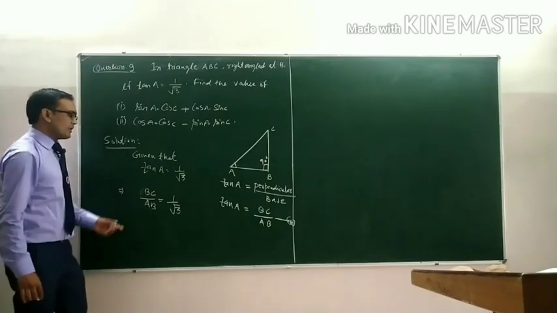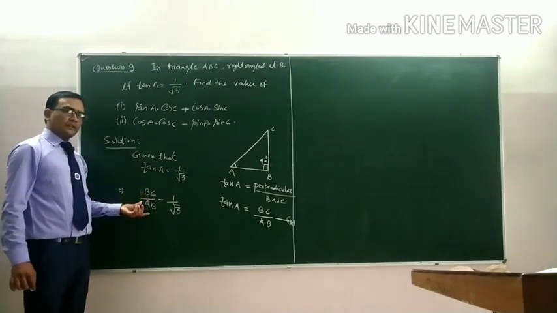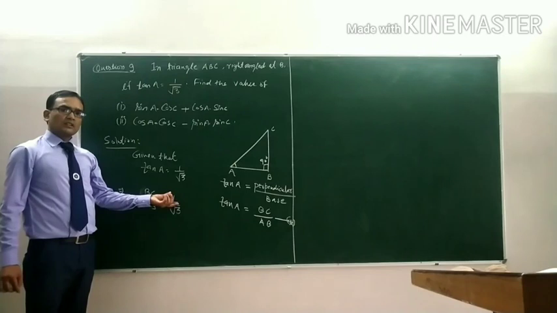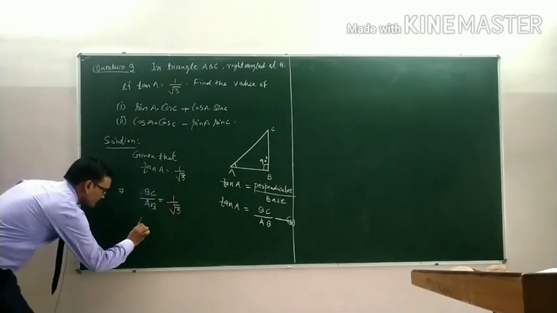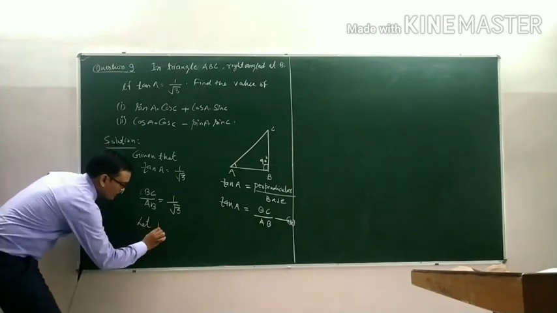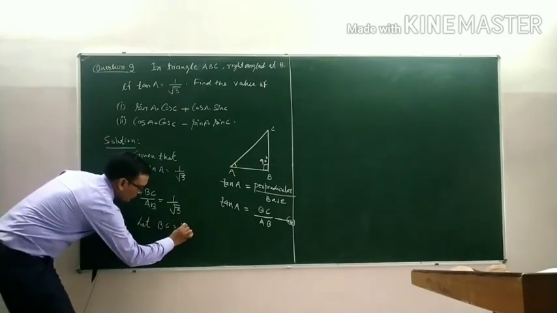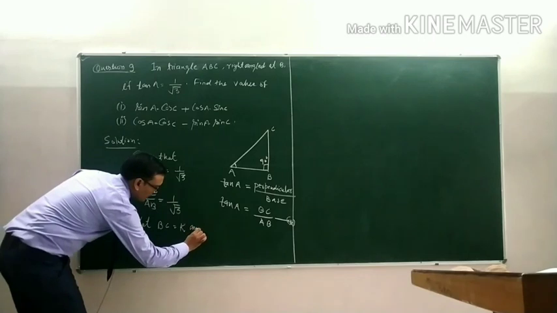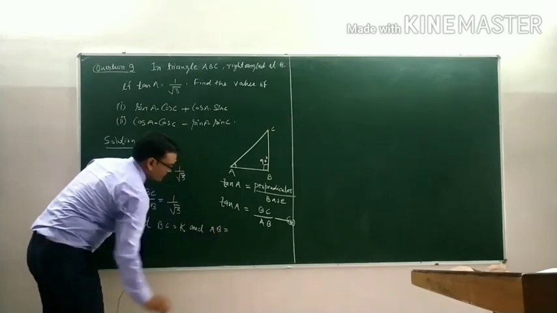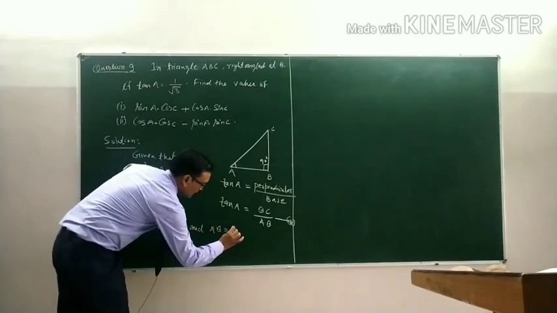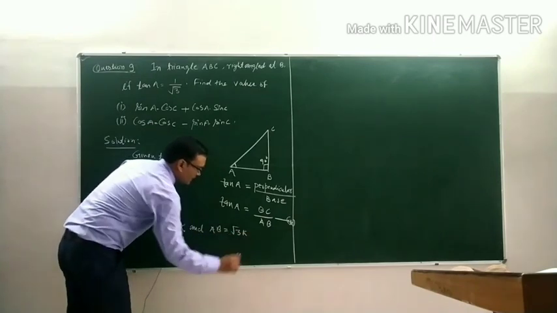Here the ratio of BC and AB is 1 upon square root 3. Let BC equal to K and AB equal to square root 3K.